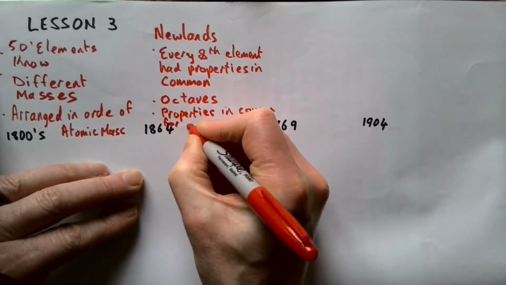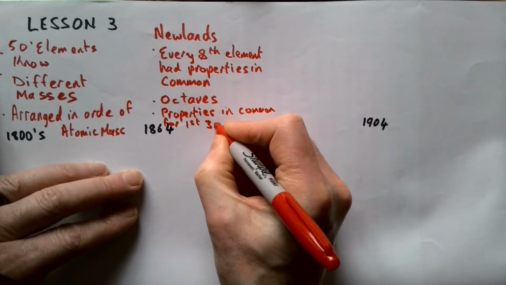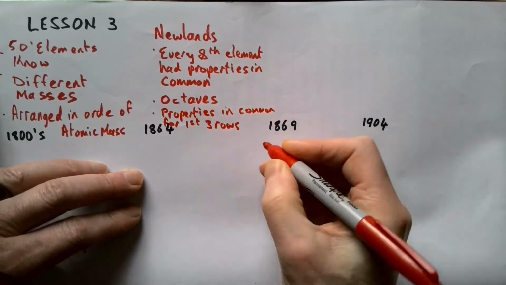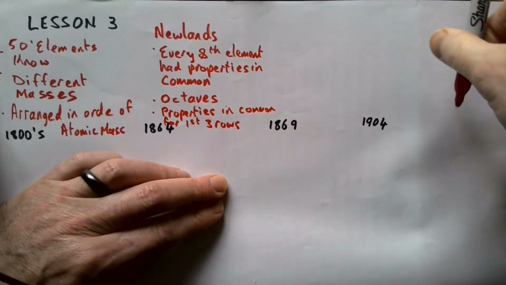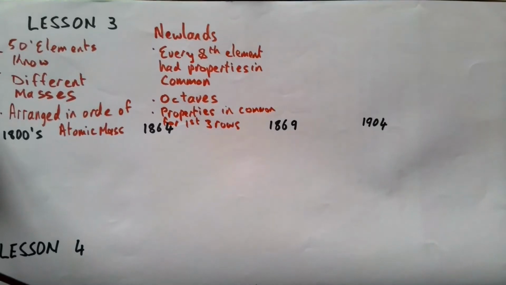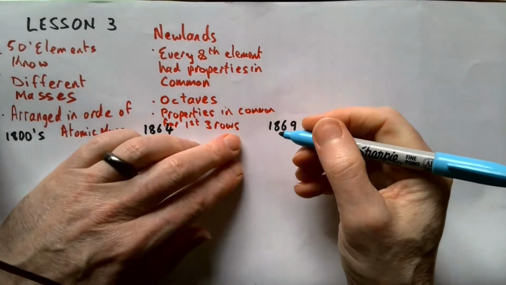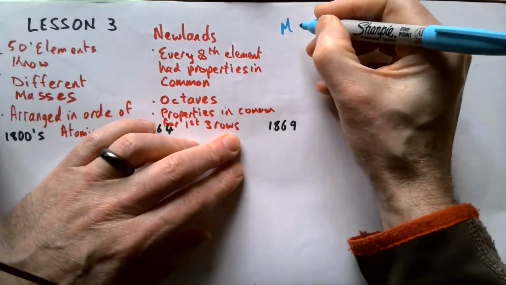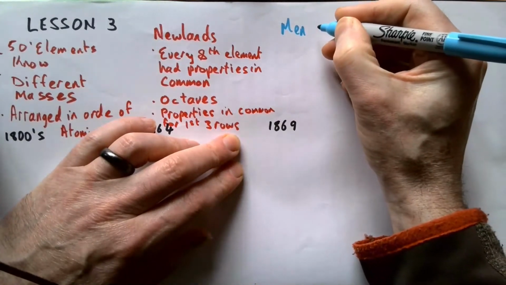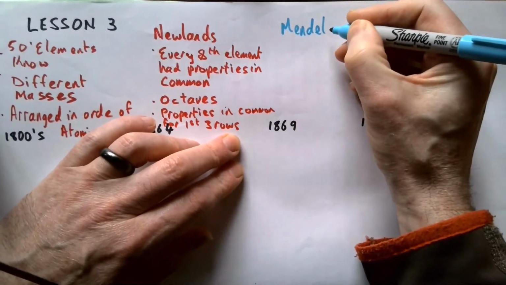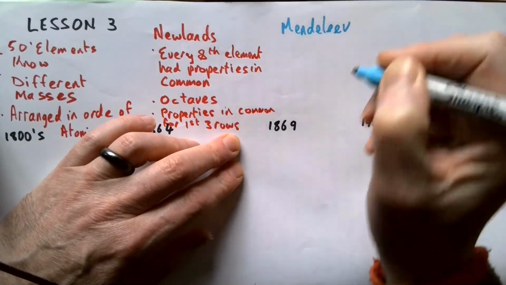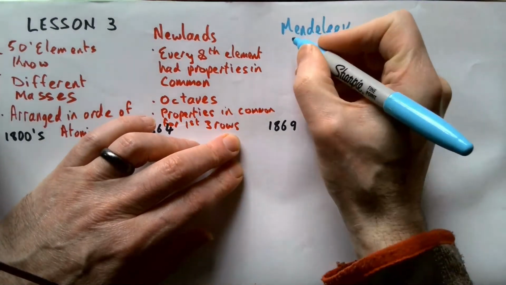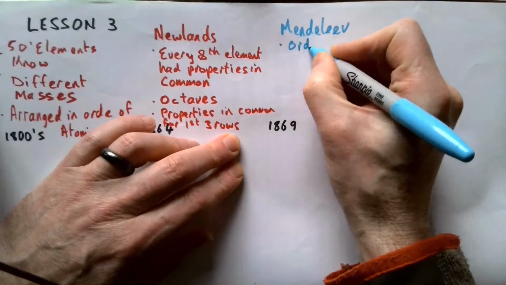Then in 1869 a new scientist came along, Dmitri Mendeleev. Mendeleev, who was Russian, made a periodic table, again based on atomic mass.